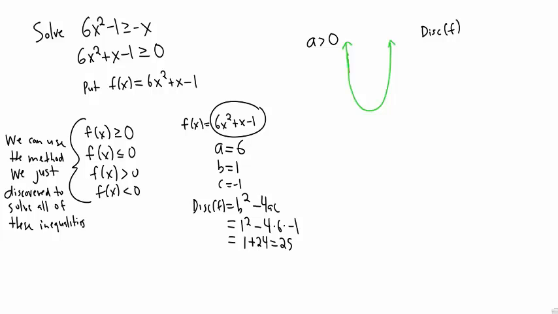The discriminant is positive, so that tells us we have 2 x-intercepts.